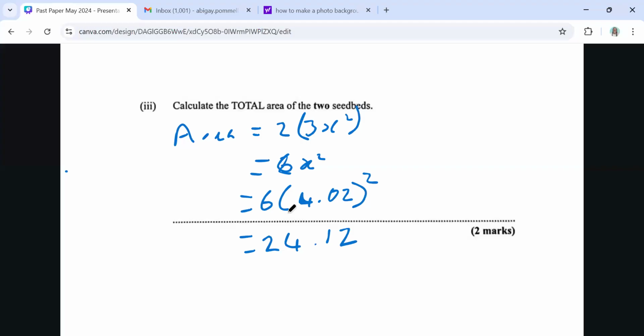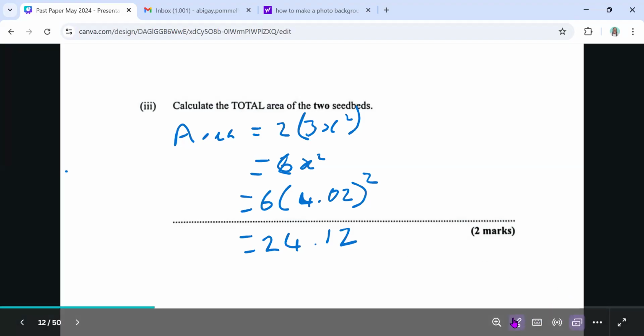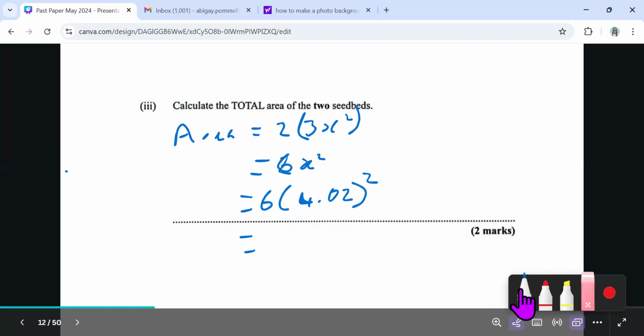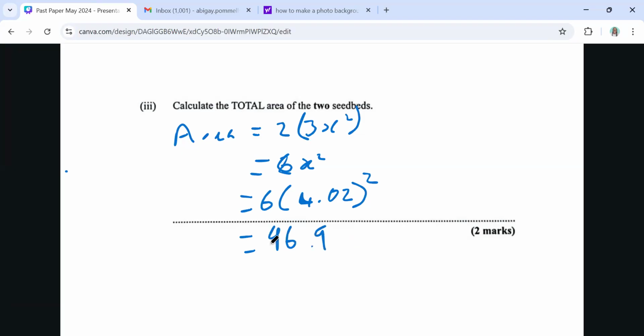So 4.02 squared is not this. So it would be 96.96, and I can leave it as that.